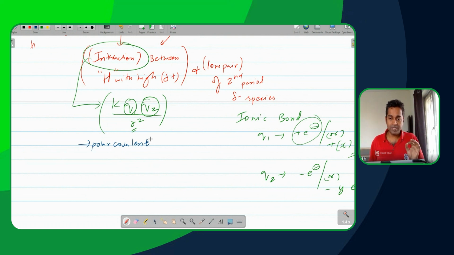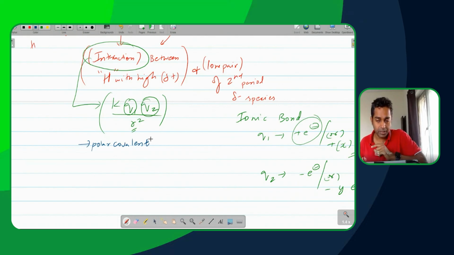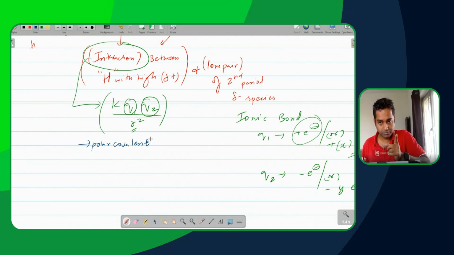So if you want the hydrogen bonding to be more effective, you need the hydrogen bond to happen between a hydrogen which has a high enough delta plus first, and some other species which has enough electron density, delta minus high enough that it can happily give away. And furthermore, the distance has to be brought in as close as possible. That is the basic requirement.